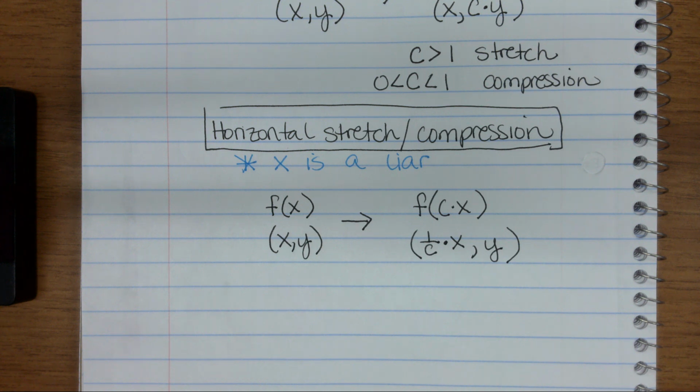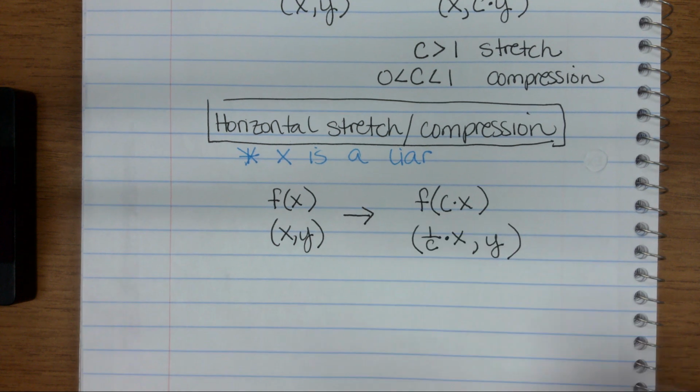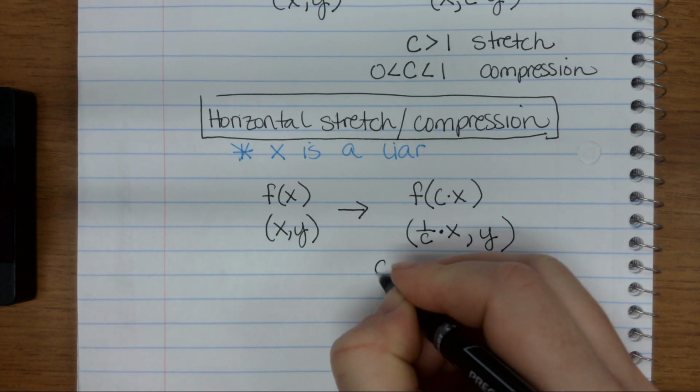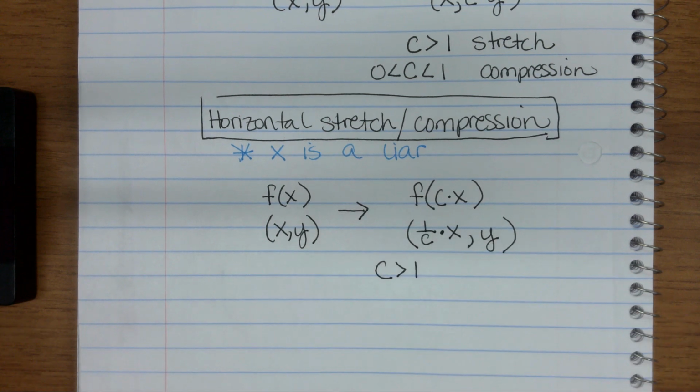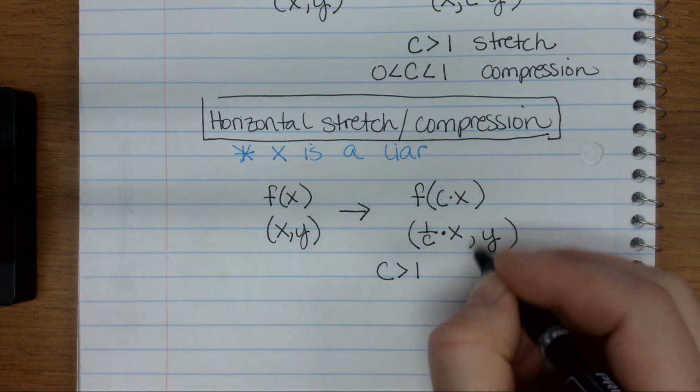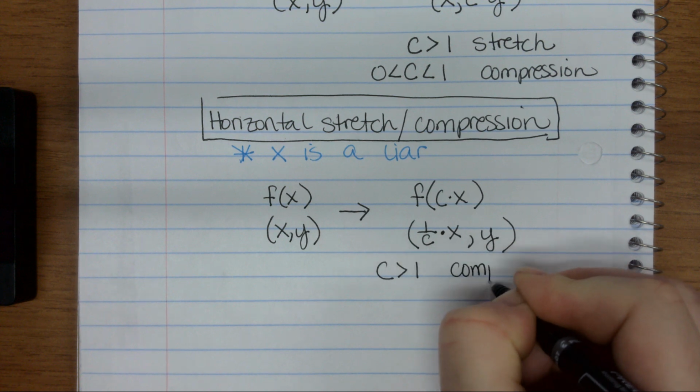What that means is this. This number, then, if it's bigger than 1, you're going to be actually dividing the values by that. That's going to make it not a stretch anymore. That's going to be a compression. Remember, x is a liar.